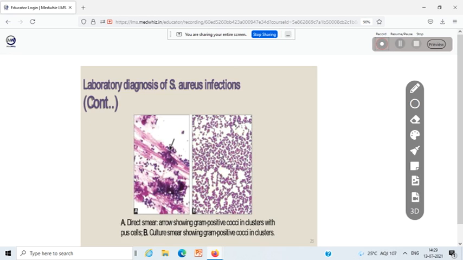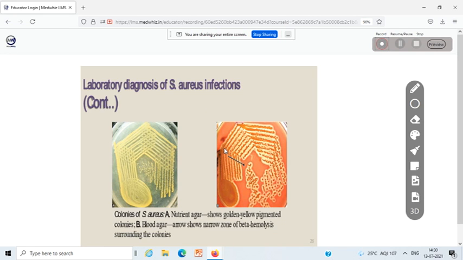Antimicrobial susceptibility testing. Here you can see the gram stain. This is from the direct smear. You can see the gram-positive cocci in clusters and you can also see the pus cells. Then here we have the smear from a culture, where you can see the arrangement of cocci in grape-like clusters. Then the Staphylococci colonies grown on nutrient agar.